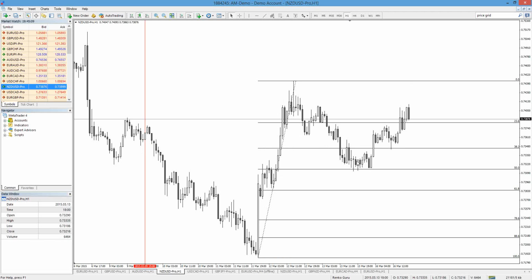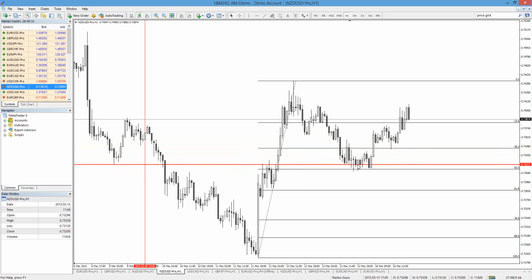And this is left, this is head, this is right. The exact spot is 73.20. Why 73.20? Because look at this, price action. Rejection, rejection, sell, rejection.